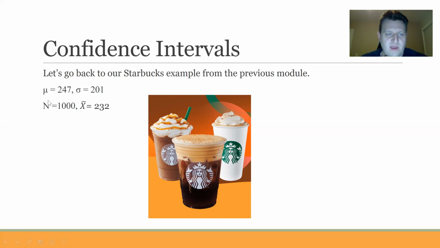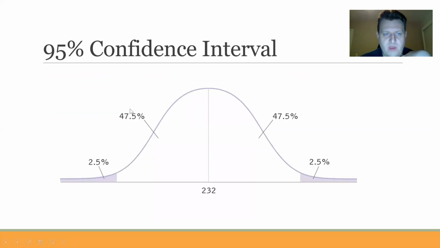So we've got our true population mean from before the law was enacted. We've got the true population standard deviation. The number of subjects that we sampled is 1,000, and the sample mean after we enact the law is 232 calories.